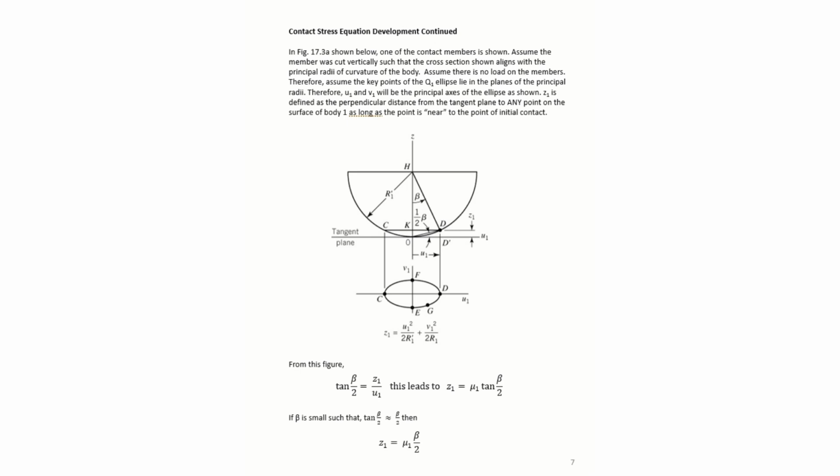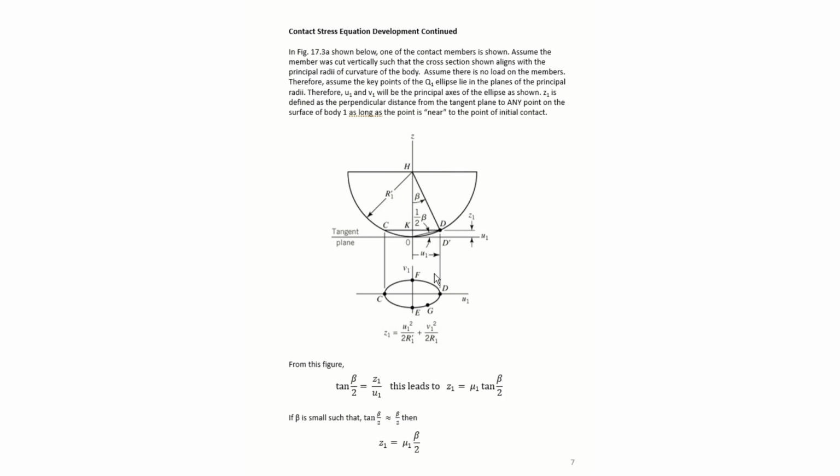To solve for A and B, we're going to look at just one of the disks in the unloaded state. So here we're taking the center plane of the disk. Here's our tangent or our contact surface, and we're going to put points C and D at distance Z1 up above on the disk. And again, if we were to wrap this around the disk, we would get this ellipse looking geometry like this.